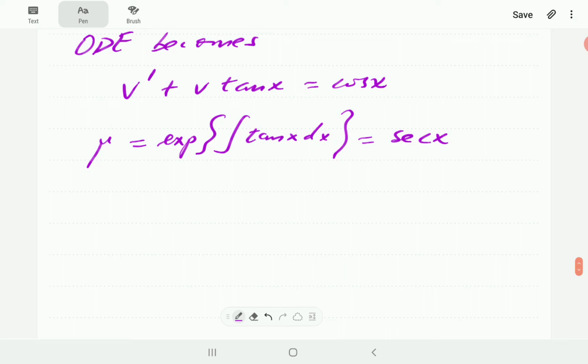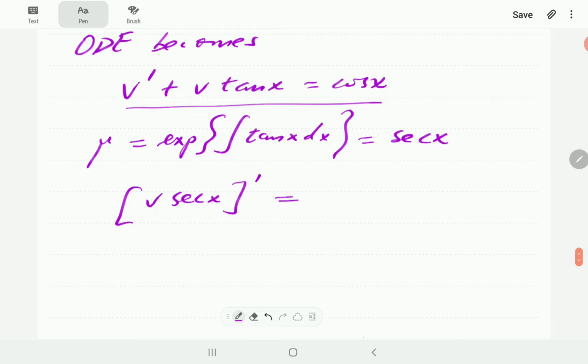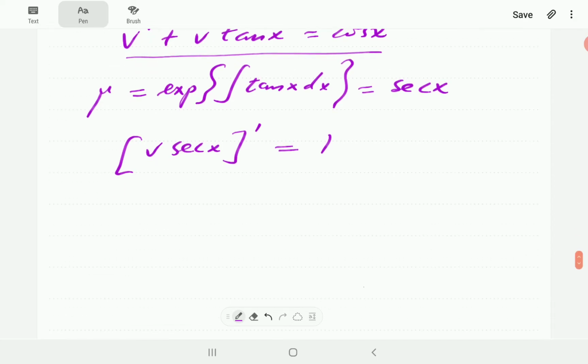So if we multiply this ODE by secant x, the left hand side is going to be the derivative of v times secant, and the right hand side is going to be 1. The left hand side is now an exact derivative, so we can integrate it.